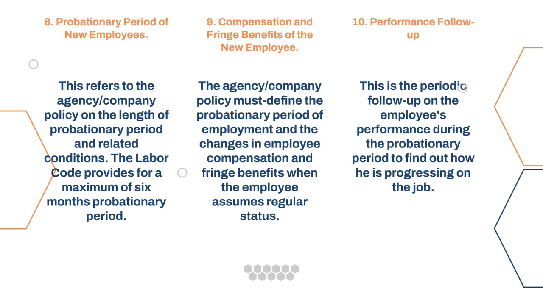The agency or company policy must define the probationary period of employment and the changes in employee compensation and fringe benefits when the employee assumes regular status. Number 10, performance follow-up. This is the periodic follow-up on the employee's performance during the probationary period to find out how he is progressing on the job.